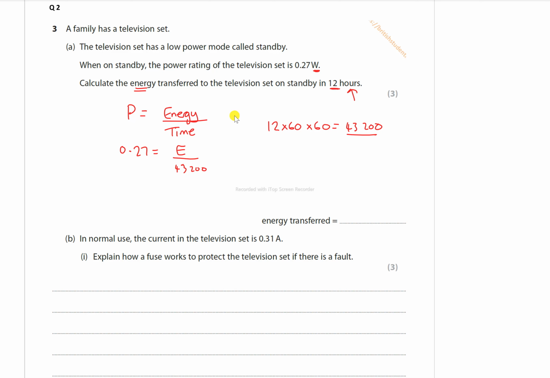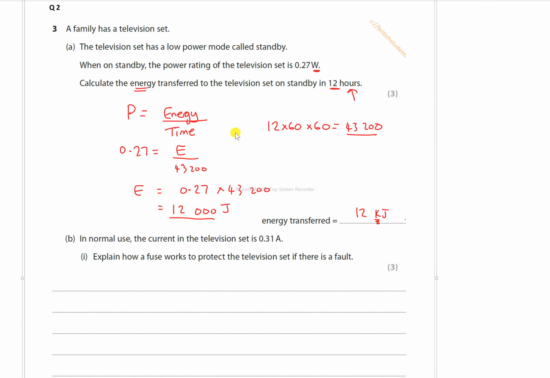Now write it in the form E equals 0.27 times 43,200, and the answer is in joules. Because they've not given a unit, you could put 12 kilojoules, but you'd have to state the units.